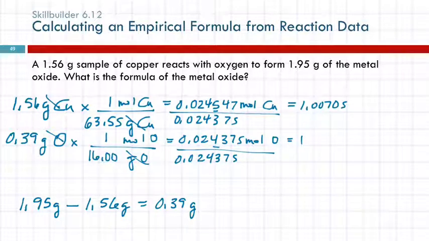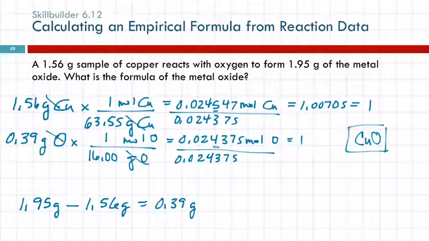Can we round that to 1? Yeah. It's within 0.2 of 1. So we'll call this 1. So this is the subscript for copper, and this is the subscript for oxygen. We don't write the subscripts in the formula, so this is just CuO.